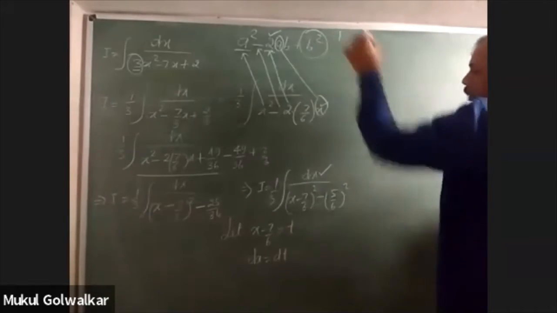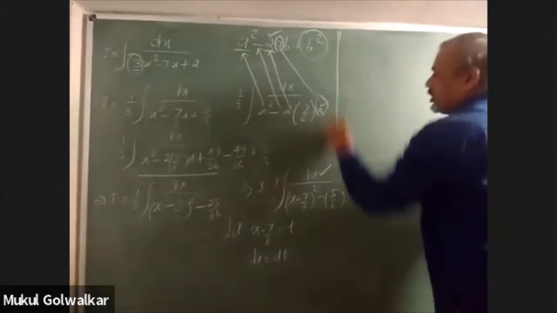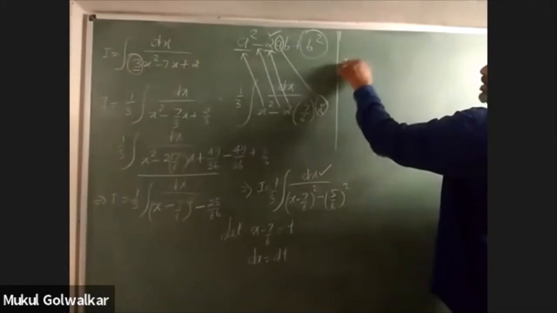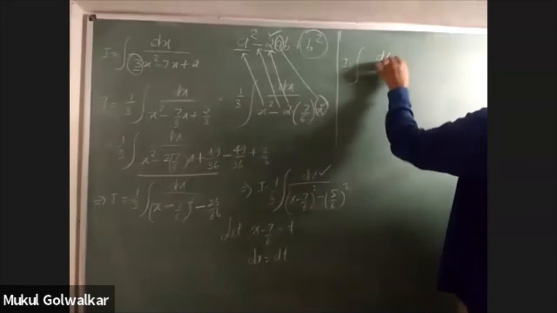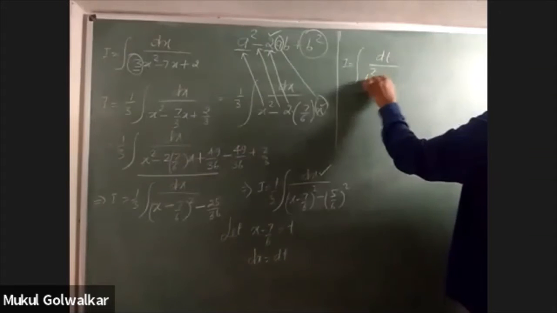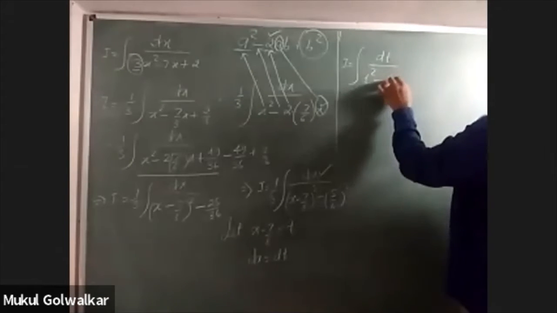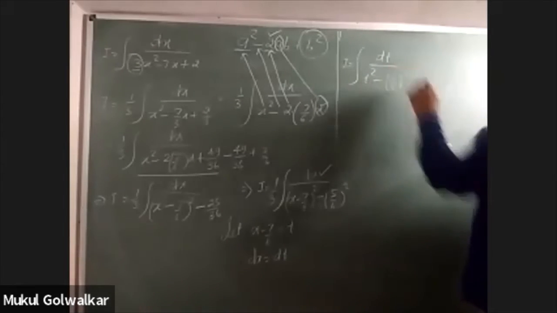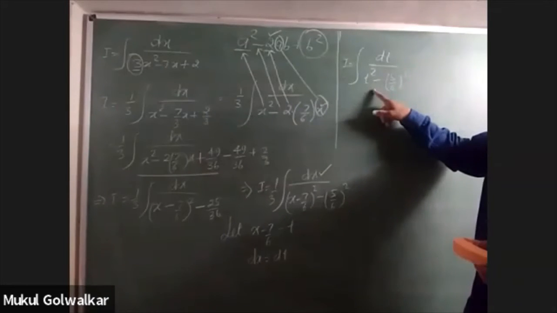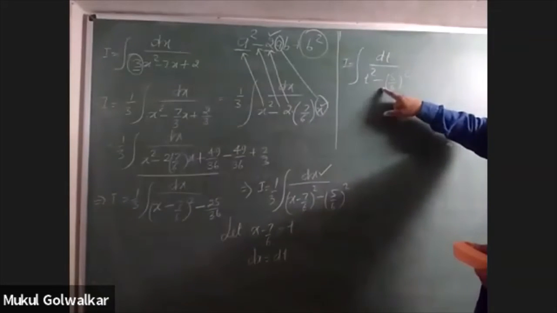So this particular state, we shall be able to write down I is equal to integration of dt upon t square minus 5 by 6 whole square. And now you see that this is the standard formula.